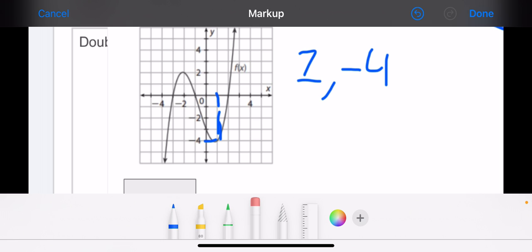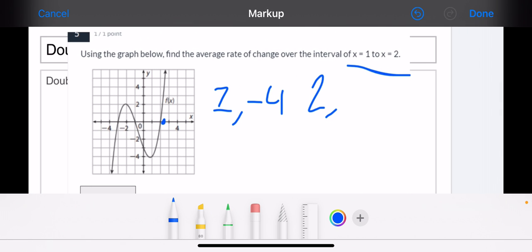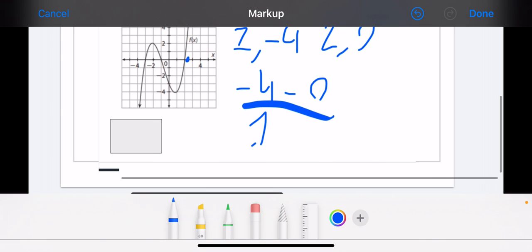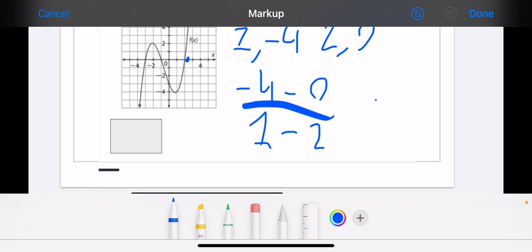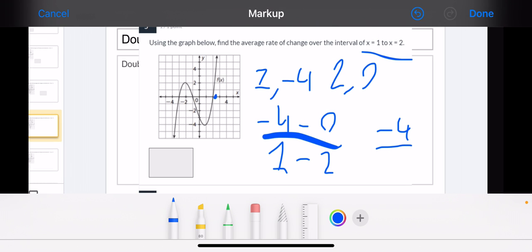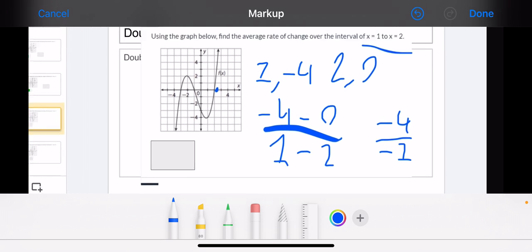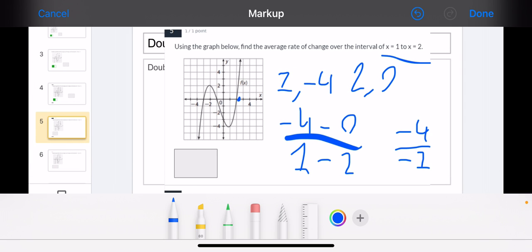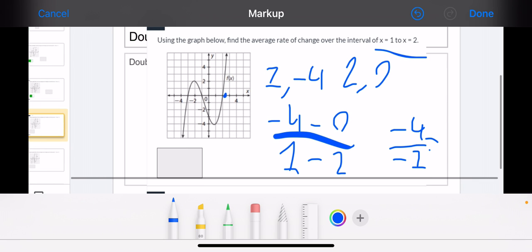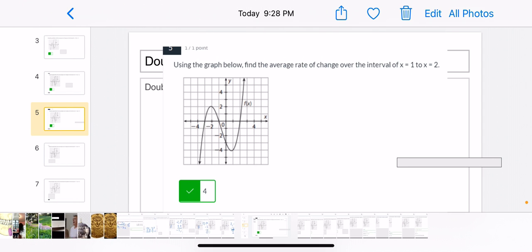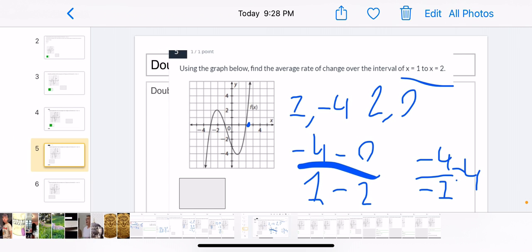And then 2 right here, which would be on 0. -4 minus 0 over 1 minus 2, -4 over -1, equals 4. I don't remember this being an answer. Oh, it is right. So, yeah.